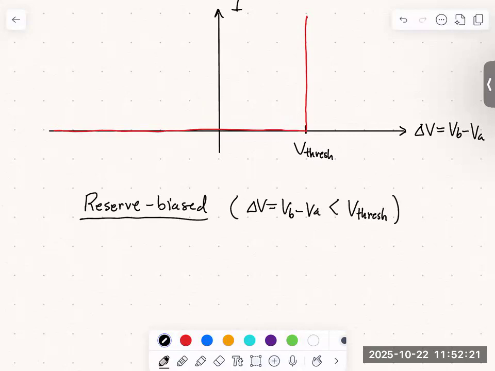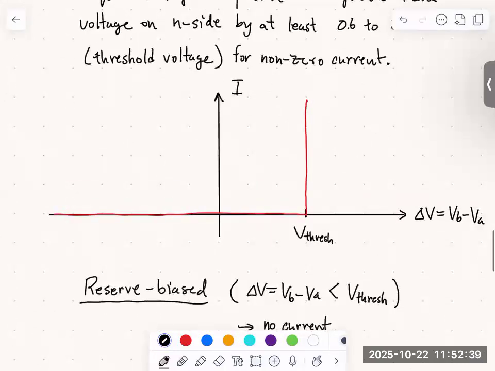So either delta V is a positive voltage that's less than, say, 0.7 volts, or maybe it's a negative voltage. So we're going to call those reverse biased, and in this case, we get no current, as the plot above shows. This plot above here is typically called an IV characteristic.